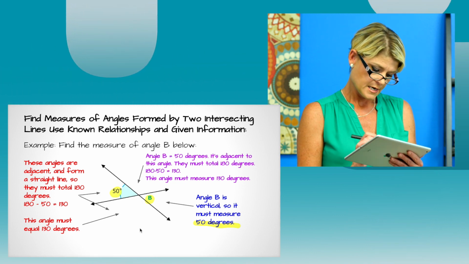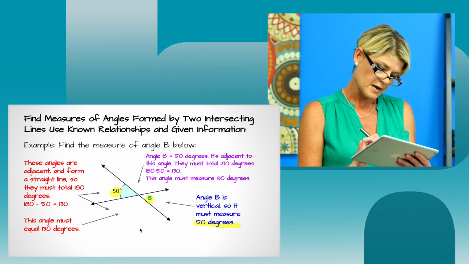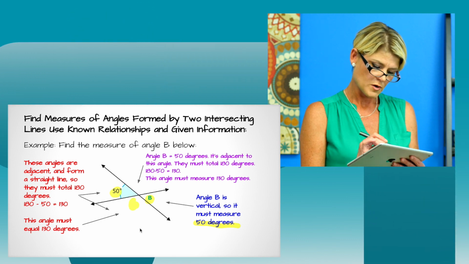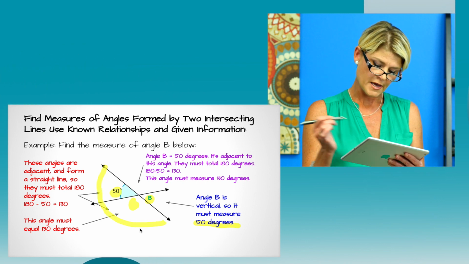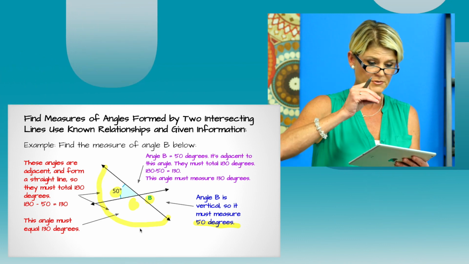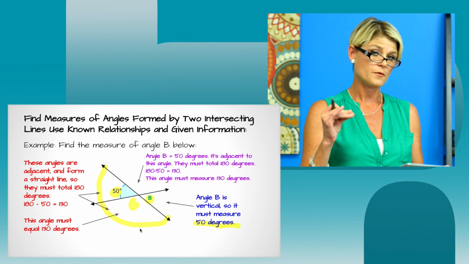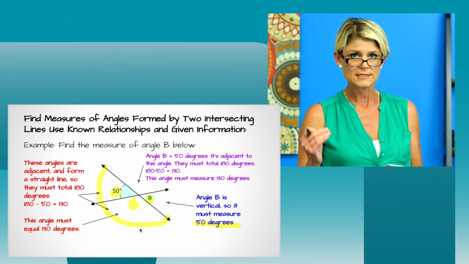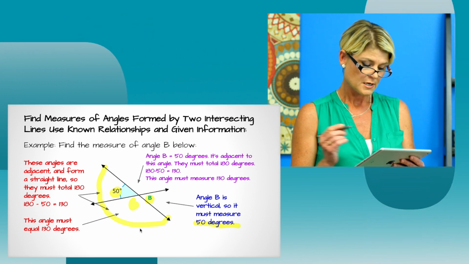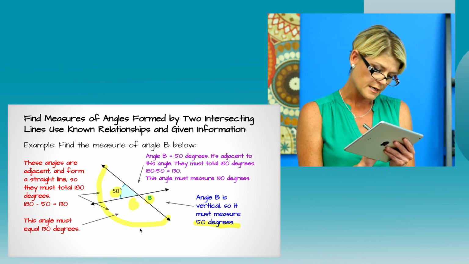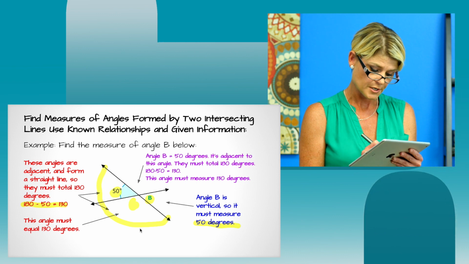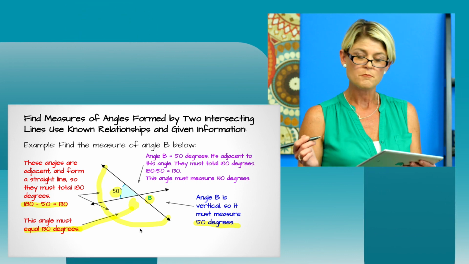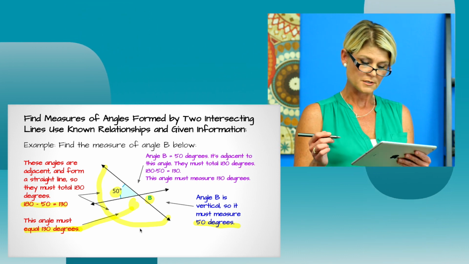Now, let's take a look at what this angle here might be. The first thing I notice is that these two angles are adjacent to each other, 50 degrees and something. Remember, adjacent angles need to add up to 180 degrees. So all I need to do is say 180 minus 50, which equals 130. So this angle here must equal 130 degrees.